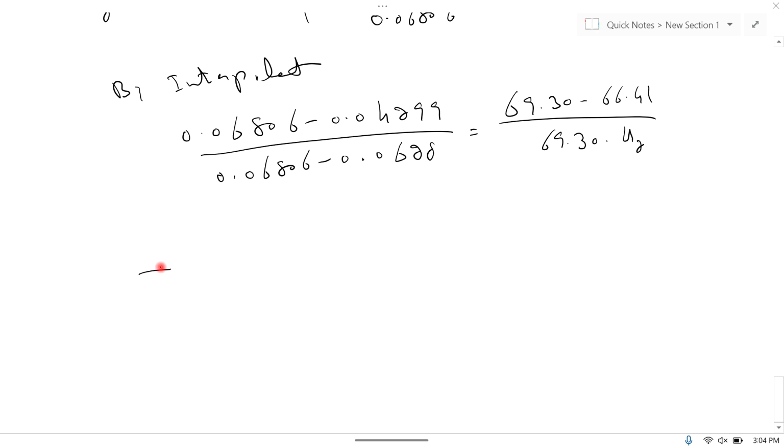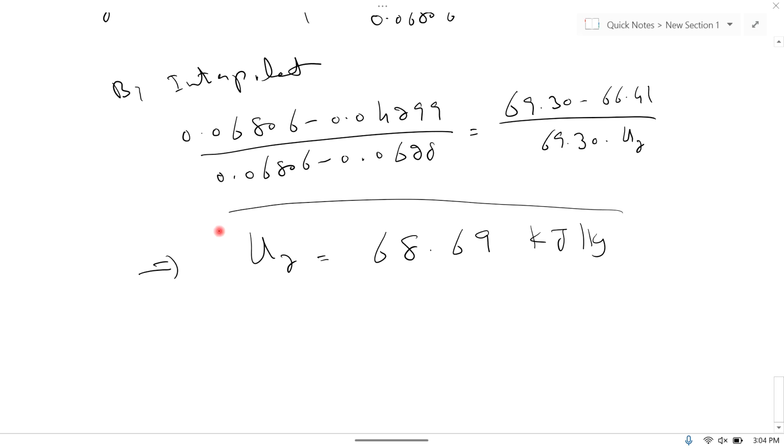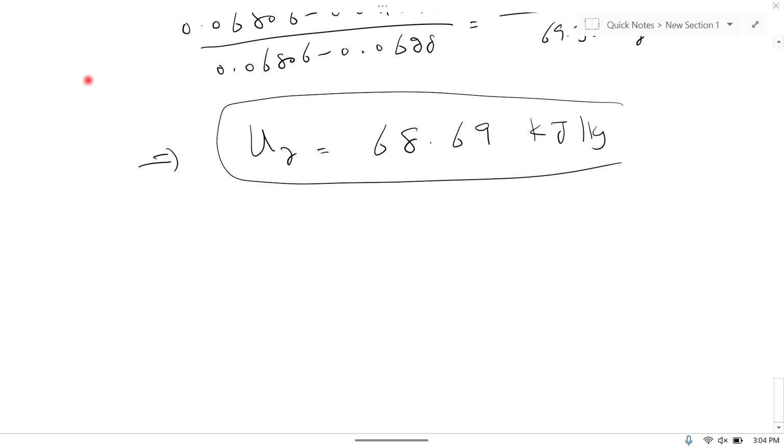So simplify this and find U2, which is equal to 68.69 kilojoule per kg. Now we can easily find Q, heat transfer.